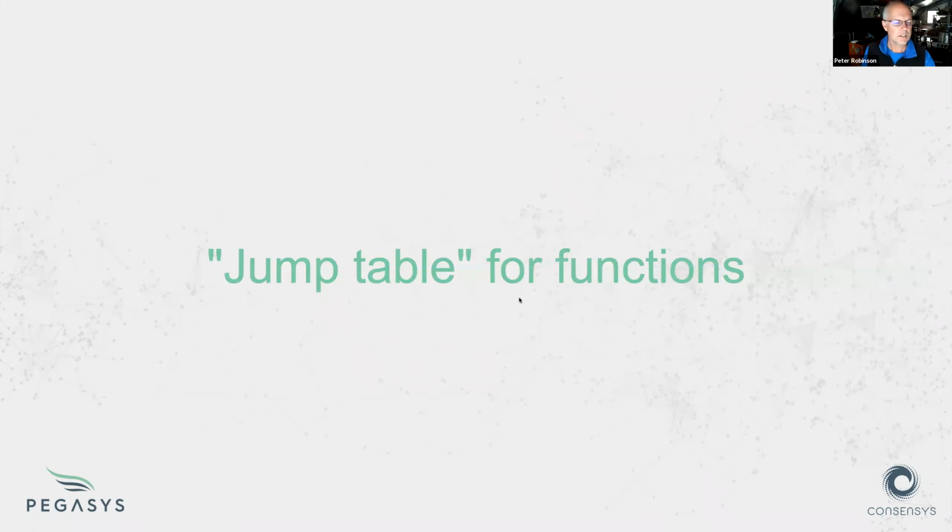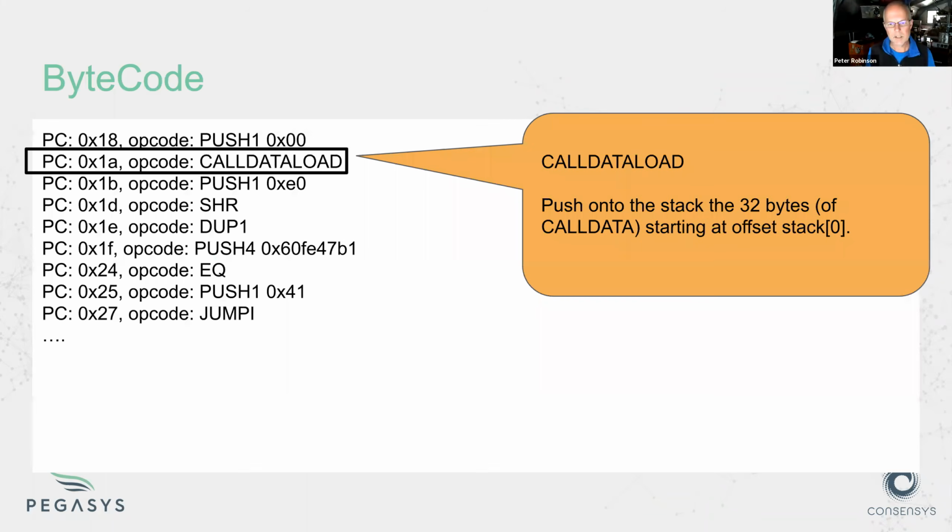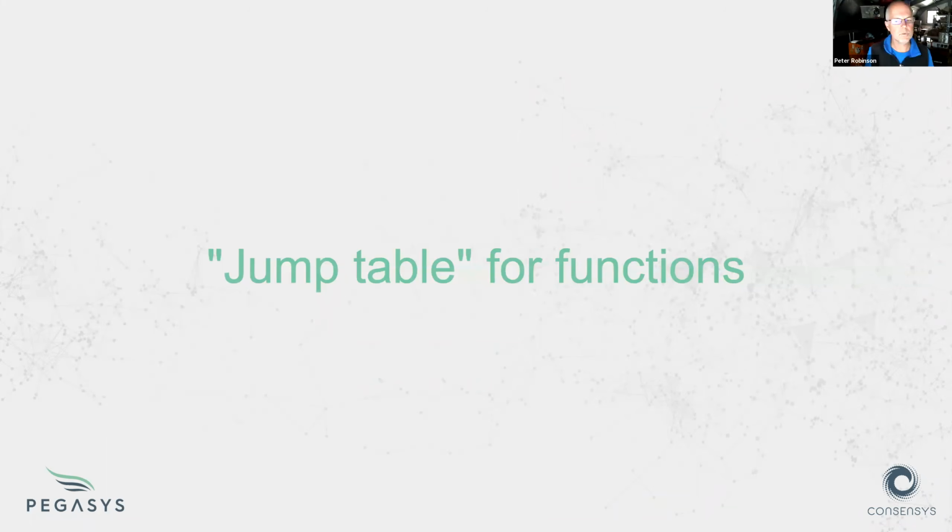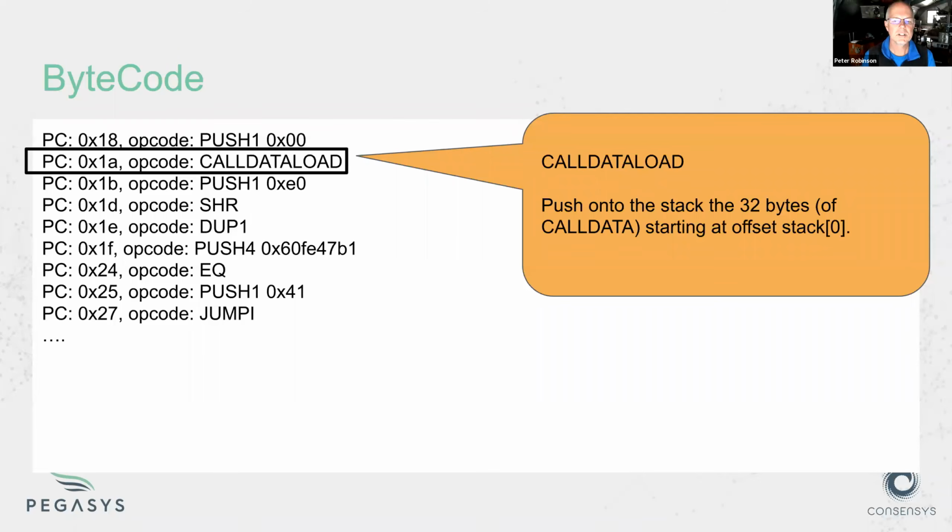And so then if you did have enough, and more than 4 bytes, then you go to a jump table. So you execute CallData load. CallData load only loads 32 bytes at a time, so 1 word at a time onto the stack, and it loads starting at the offset pointed to by stack 0. So you can see we've pushed 0 and then CallData load.